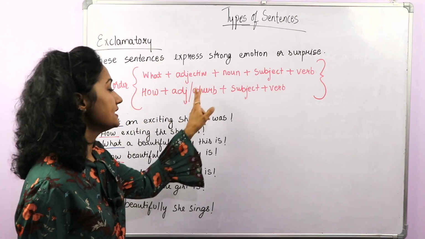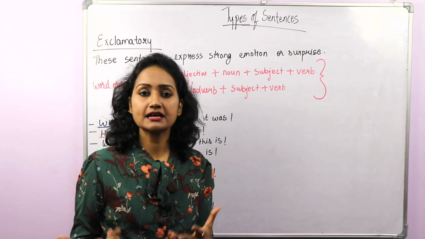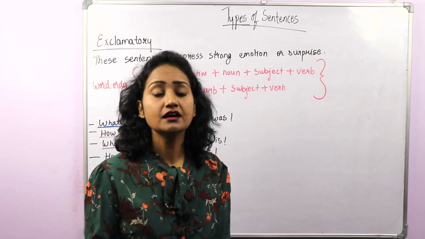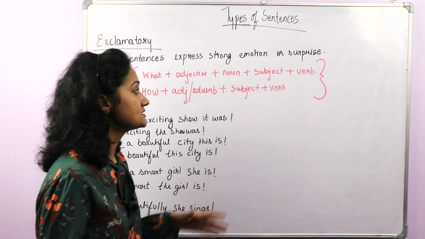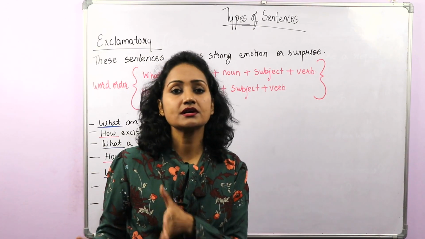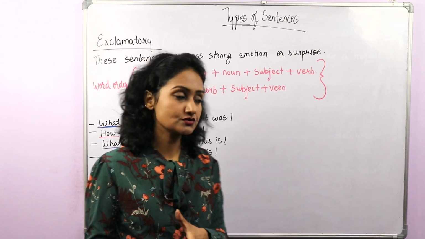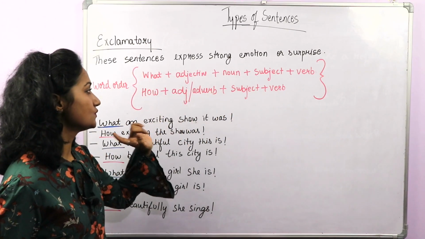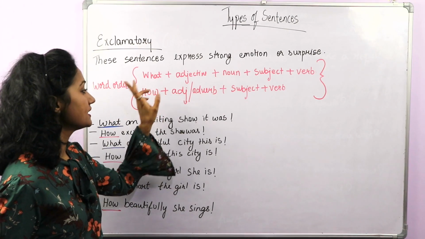Then noun: any person, place, animal, thing, bird, feeling, idea. These are all nouns. Then subject, the doer of an action or the one we are talking about. And then verb. So this is going to be the word order when you are using what.